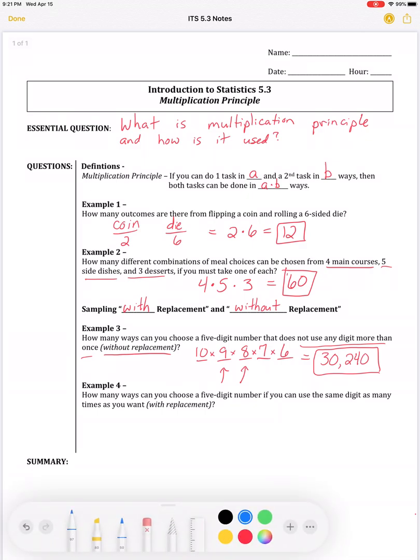What that means is, let's say one of you makes up a 5-digit number. Your number could be 1, 3, 4. Let me erase this. So you could pick 1, 3, 4, 2, 8.